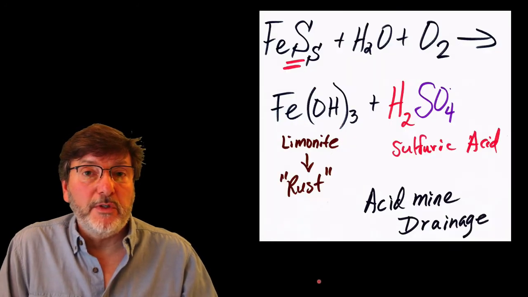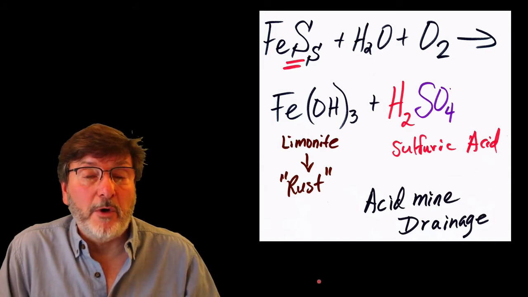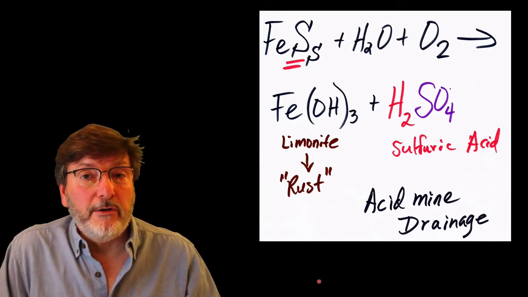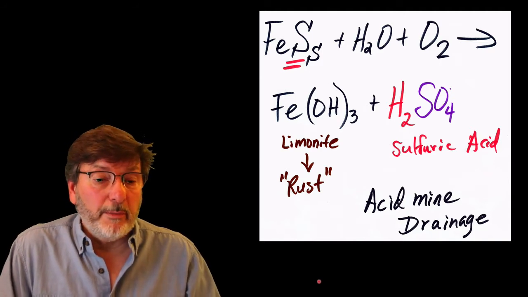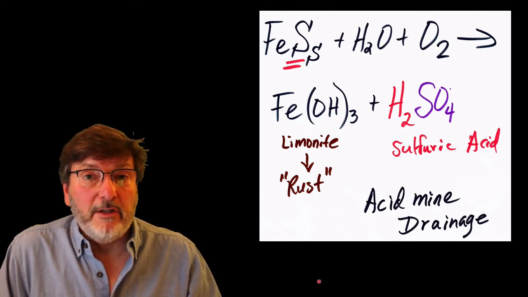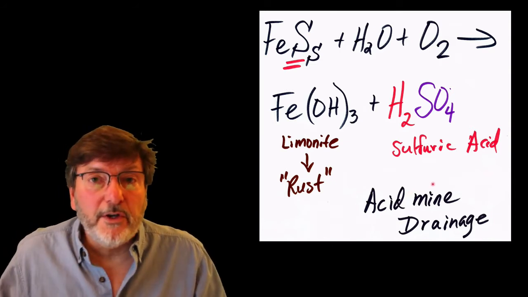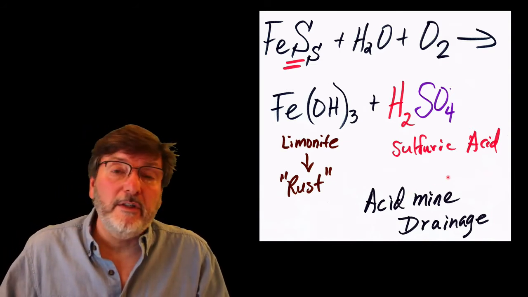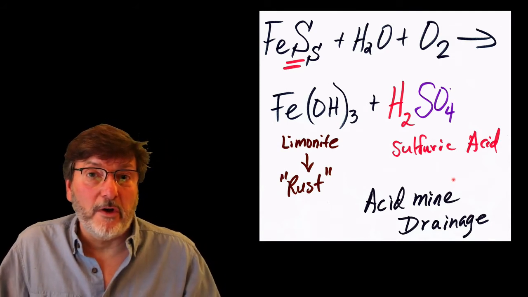that we use in everyday life, but they also have some drawbacks, because when you take the sulfide and react it with oxygen and water, one of the products is rust, that iron hydroxide, but another product of that reaction is sulfuric acid, like the same acid that's in your car battery.